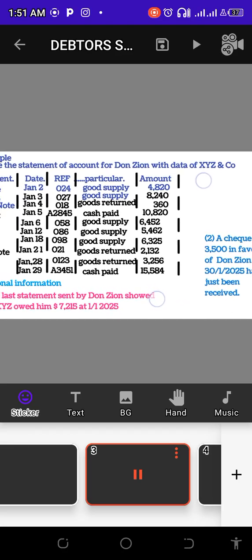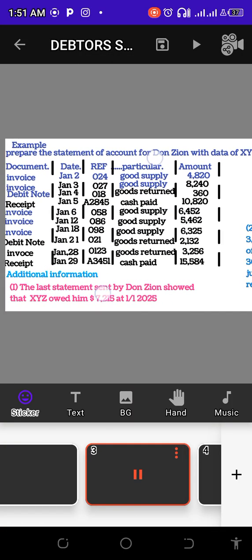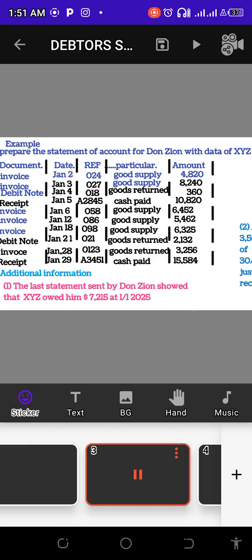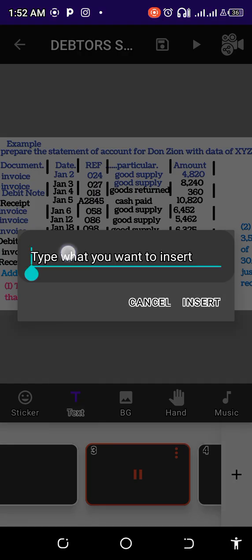So what we need to do is to prepare a Debtor's Statement of Account. Now, the summary of this one is this.